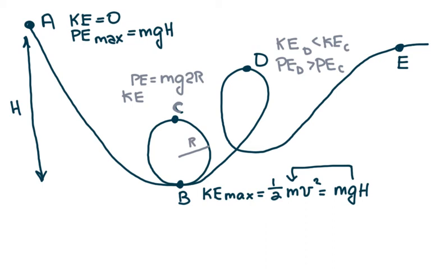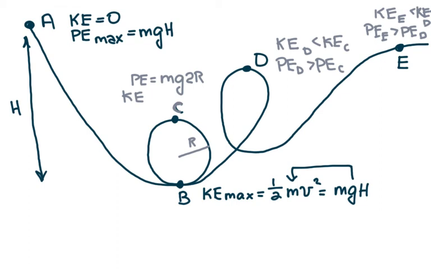And then the kinetic energy at E is going to be greater than at A, but less than the kinetic energy at D. And the potential energy at E is greater than the potential energy at D.